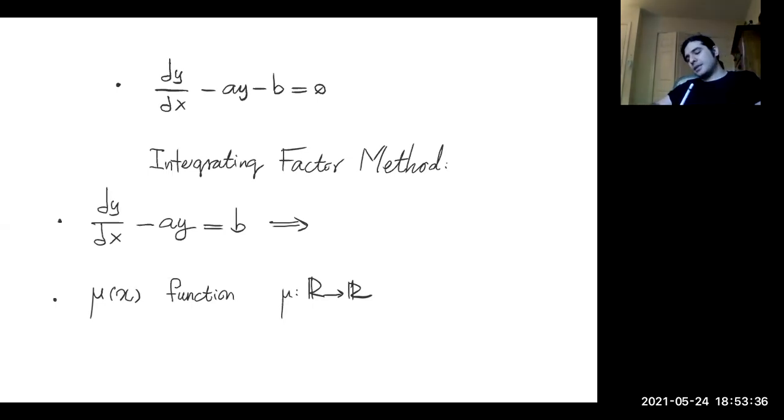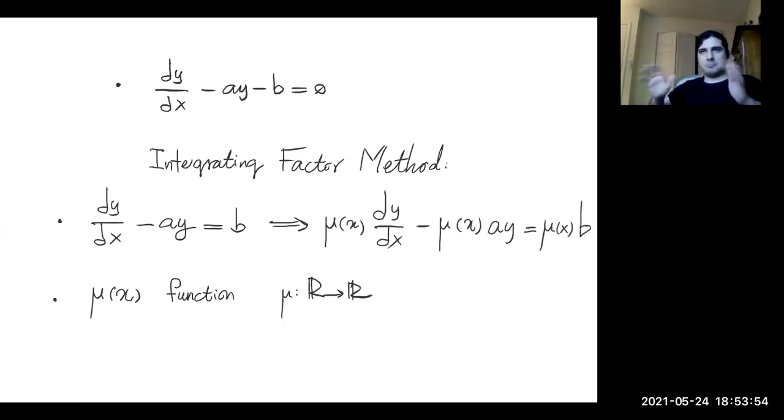Now multiply this equation by this unknown function mu. So I would get mu of x times dy/dx minus mu of x times ay is equal to mu of x times b. We still don't know what mu is. It's just some function. We are multiplying everything by that.